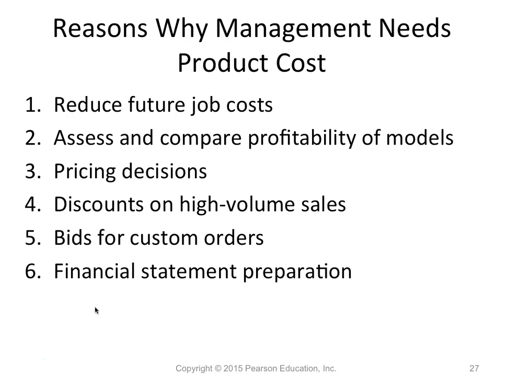Number two is to assess and compare the profitability of the models. When they know product costs, they can build different models to see which way they can make the most profit. So they need to know this product cost. That's very important. Then pricing decisions.